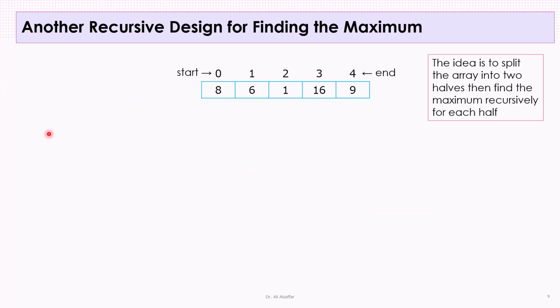So let us explore another split. Here we are going to explain the other recursive design for finding the maximum element of the array. The idea is to split the array into two halves, then find the maximum recursively for each half.